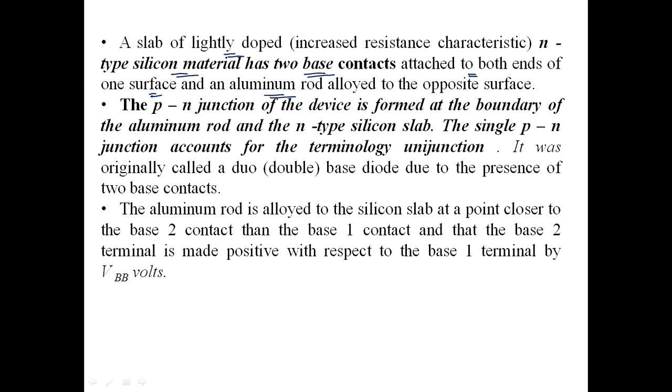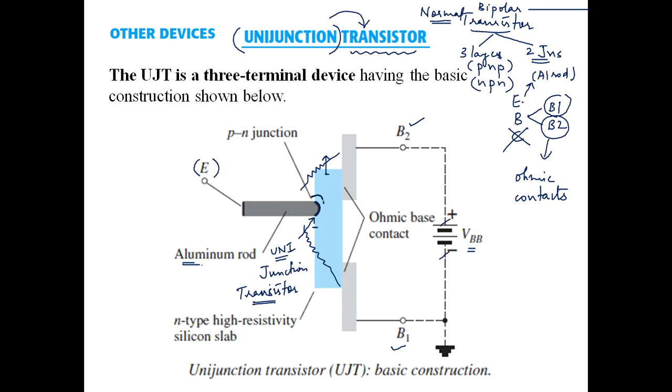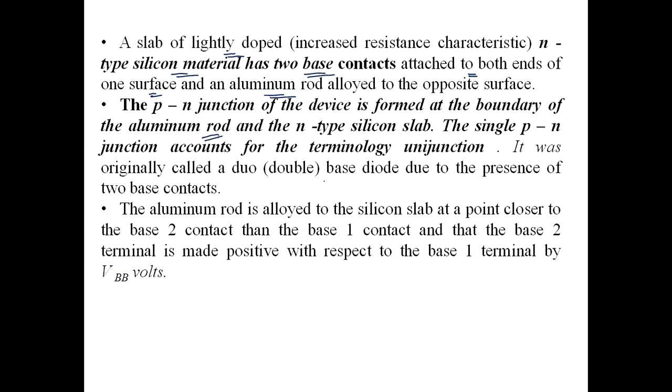Further, the PN junction of the device is formed at the boundary of the aluminum rod. So here there is a PN junction formed. It is called a uni junction. The single PN junction accounts for the terminology uni junction.